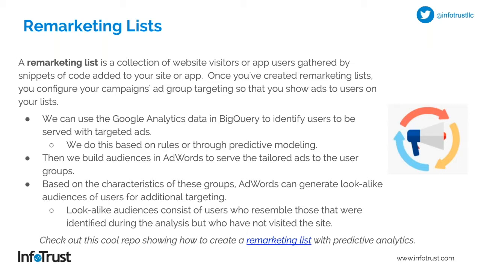What that does is you give it your known list of users, the ones that you would have identified from your model, and then you say to Google, go out and find other people who don't know my brand, but who look just like that group that I identified. That can be a really effective way to get your messaging in front of more people who are really promising prospects.